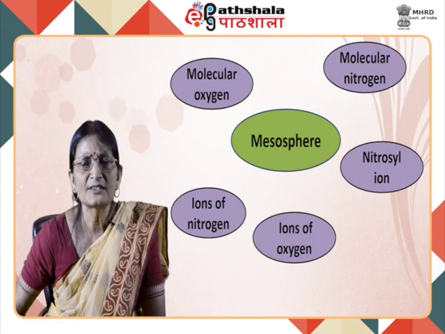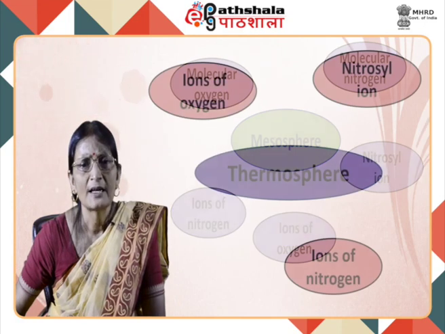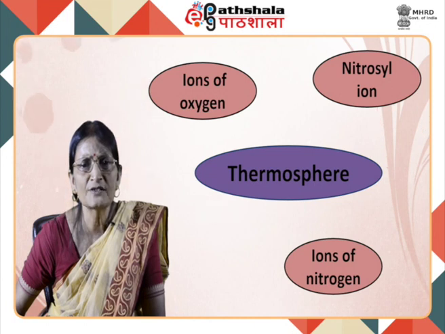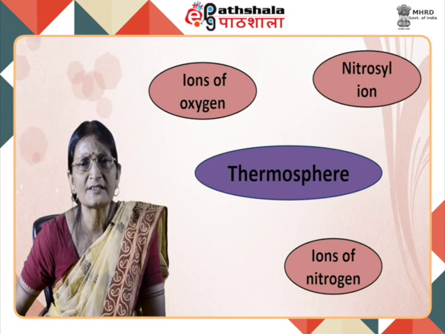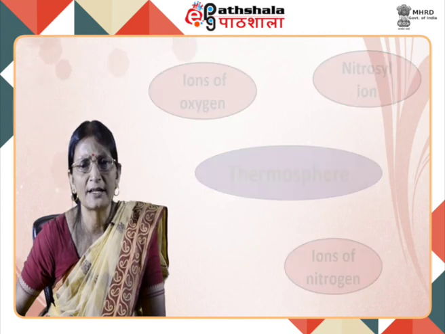And above that is the mesosphere, where in addition to molecular nitrogen and oxygen, there are also nitrosyl ion and nitrogen and oxygen molecule ions. And beyond that, in the thermosphere, there are again ions such as the oxygen molecule ion, the oxygen atomic ion, nitrosyl ion and the nitrogen molecule ion.